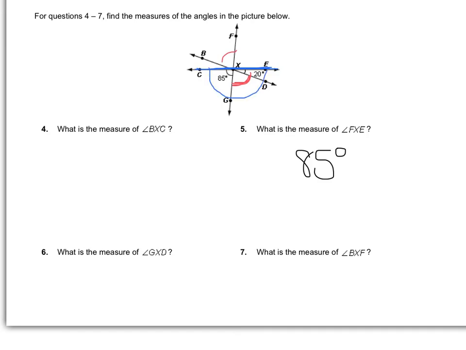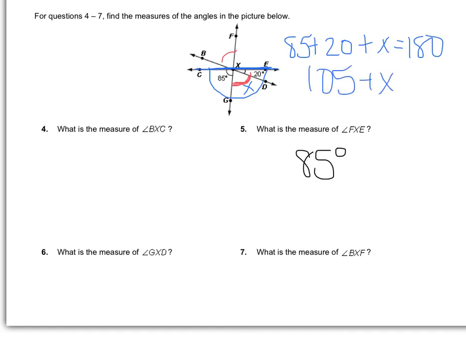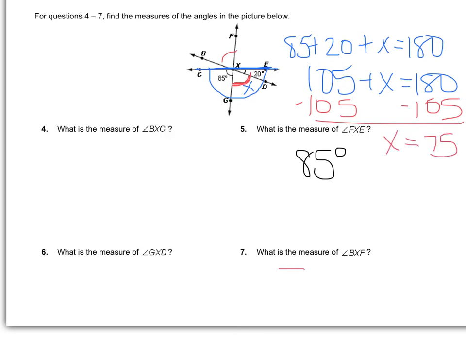So those 3 angles, 85 plus 20 plus X, because I don't know what it is, have to add up to 180. 85 plus 20 is 105. Plus X equals 180. To get X by itself, I'm going to subtract 105 from both sides. So X equals 75. So BXF has to be 75 degrees.